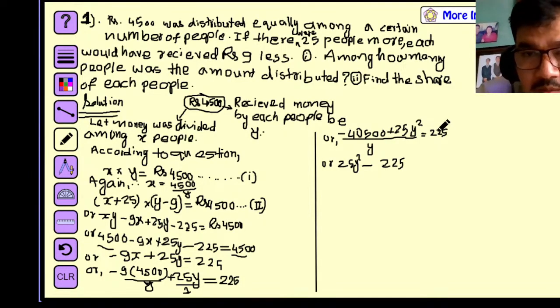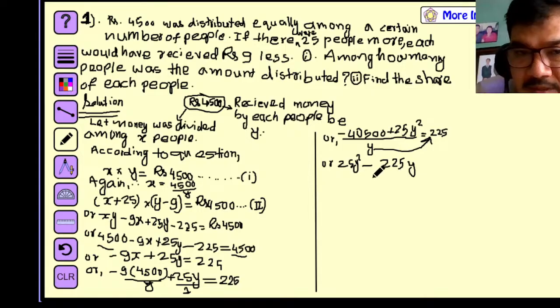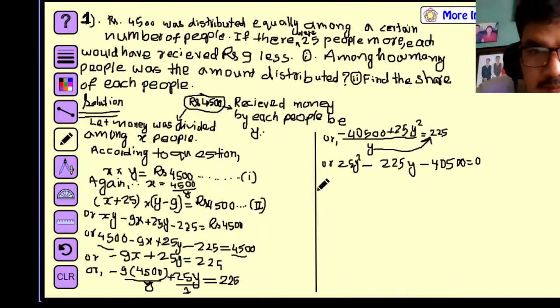This will go here to multiply, that will come to this side, and 225y will be minus when it comes to the left side. Actually this goes here first to multiply, this is plus 225, then it comes to the left side as minus. Now this side already has minus, this is 40,500. Children, what will remain on the right side? There will remain 0 because all the terms we have put on the left side.